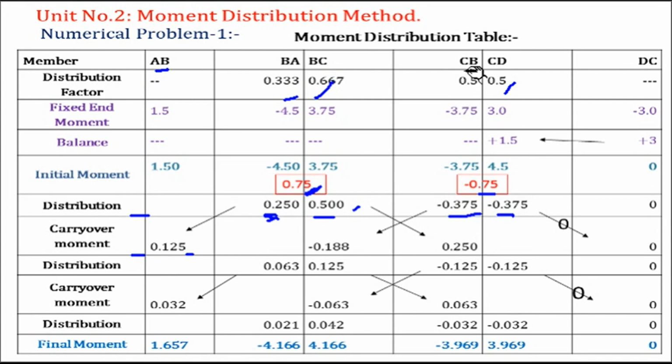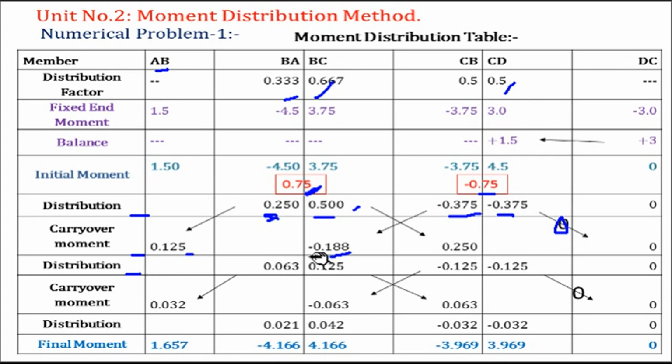Now carry this distribution moment CB at far end B, half, minus 0.188. Now distribution moment CD carry to the far end. Now far end is simply supported, so carryover is not there, 0. Now next is again distribution factor. Find out distribution factor.